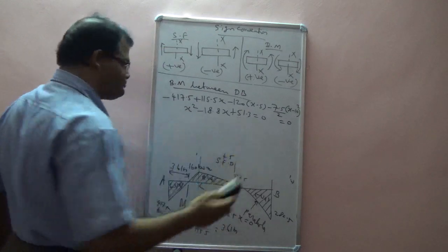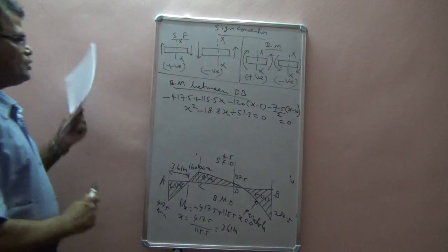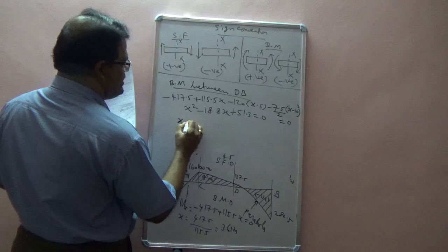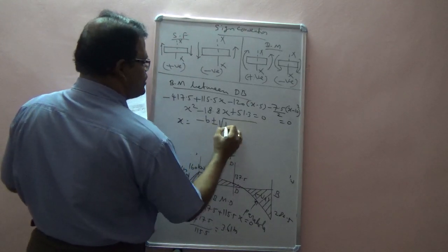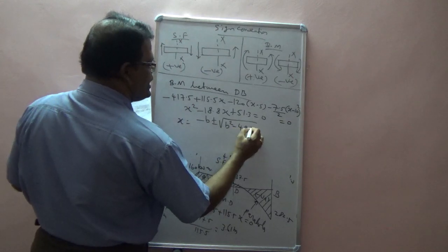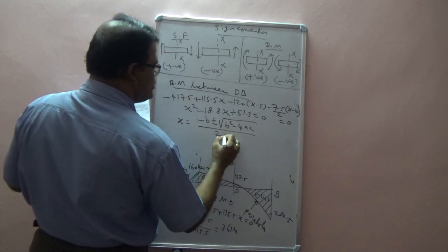By solving this quadratic equation, x will be equal to minus b plus or minus square root of b squared minus 4ac, divided by 2a.